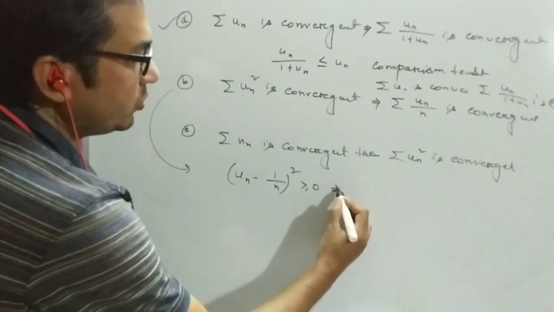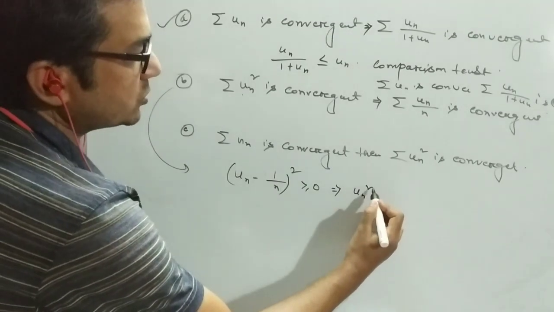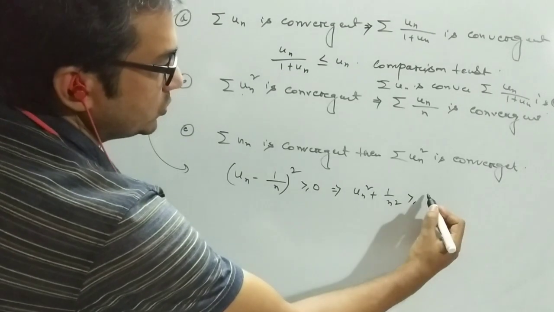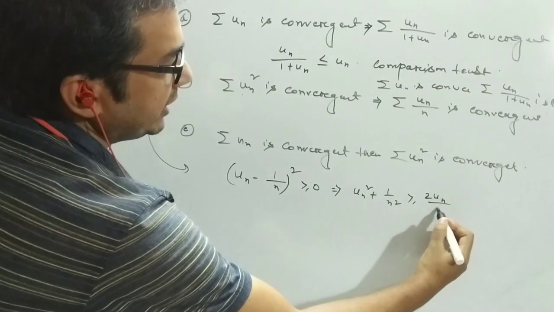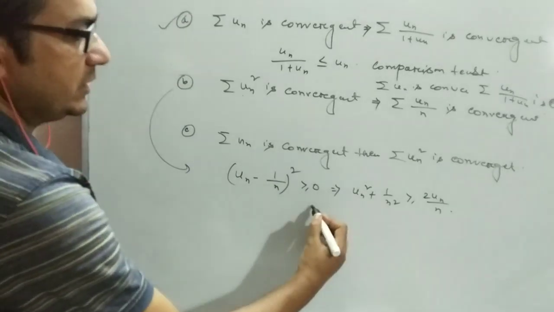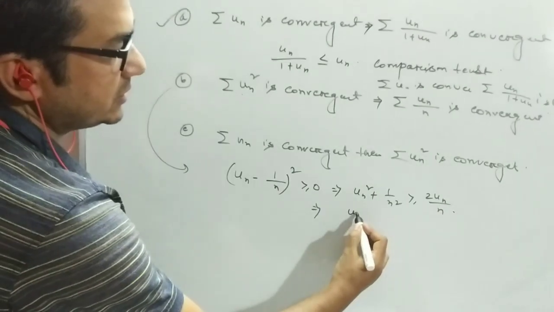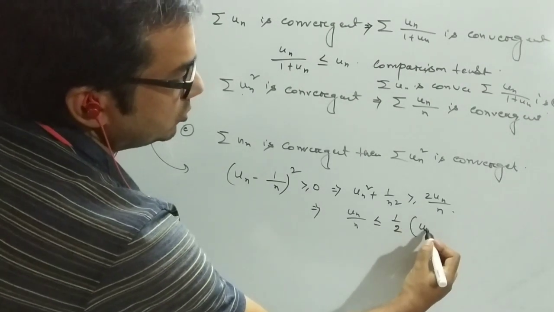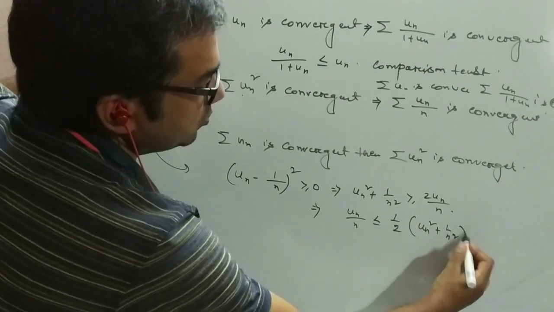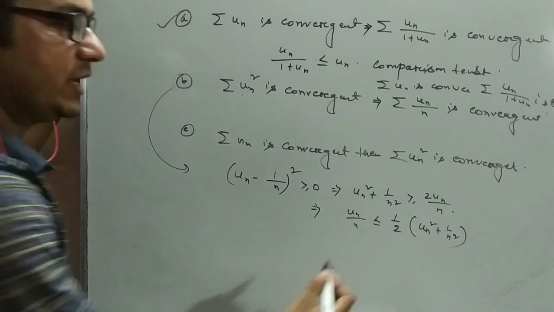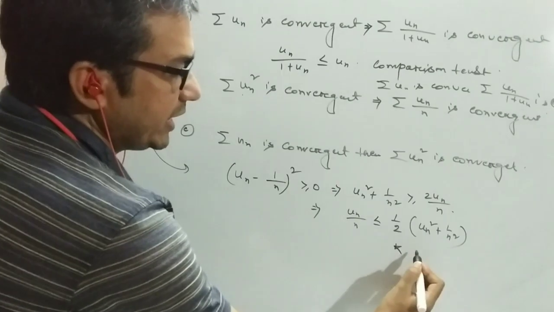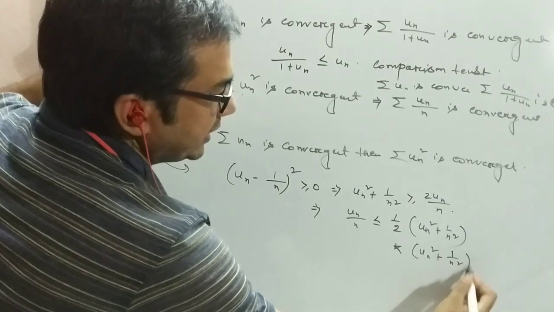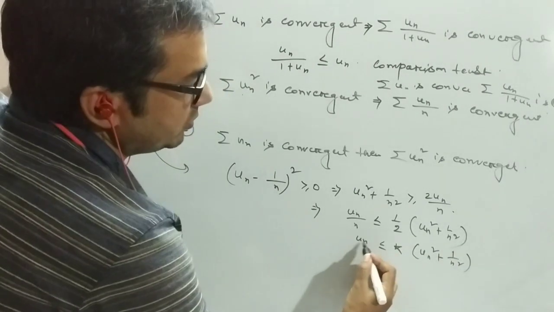Now we get un square plus 1 by n square greater than or equal to 2 un by n, that is un by n is less than or equal to half into (un square plus 1 by n square).